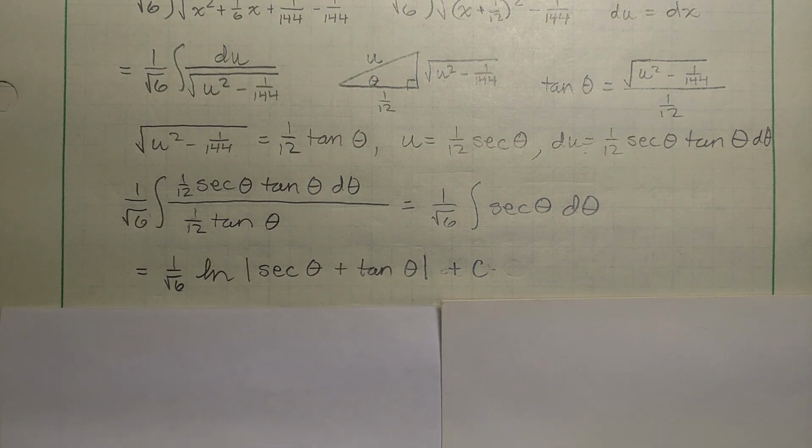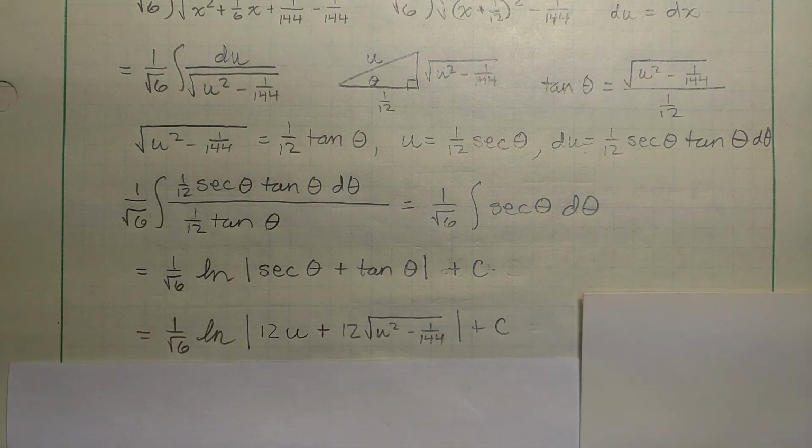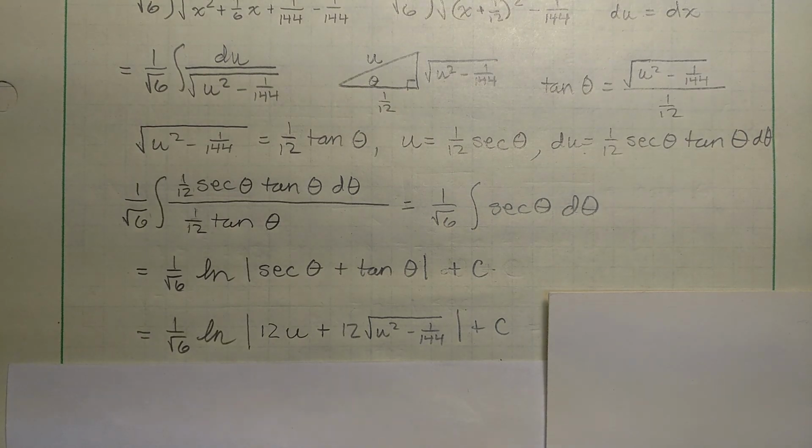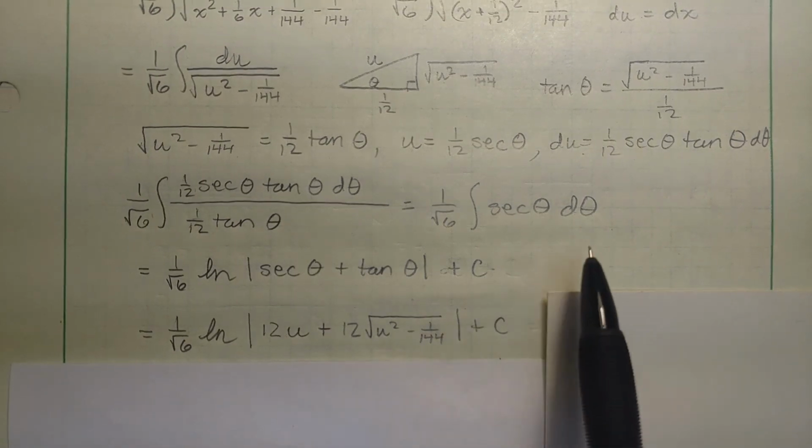So the first thing I'm going to do is replace in terms of u. So notice, solving for secant of theta, multiply both sides by 12, and I get 12u, plus the tangent.